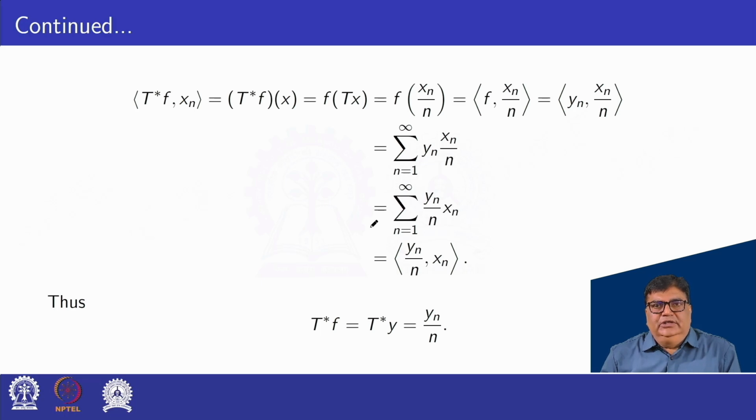Again, using the usual definition of inner product, this can be written as the inner product of (yn/n) and xn. So if you compare this inner product and this inner product, that is T star f is equal to yn/n.